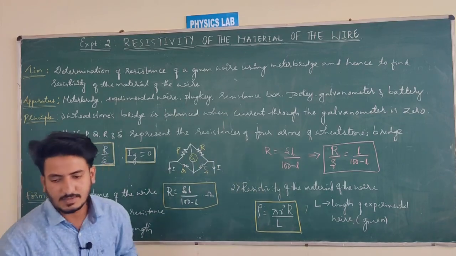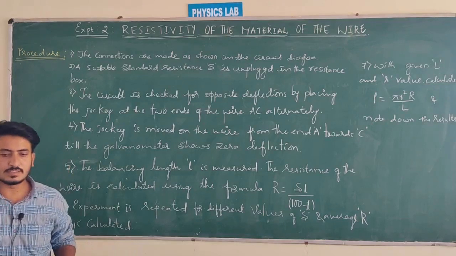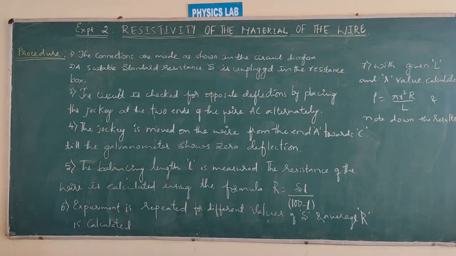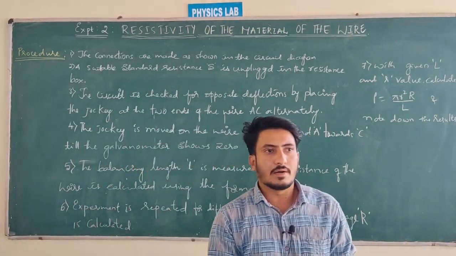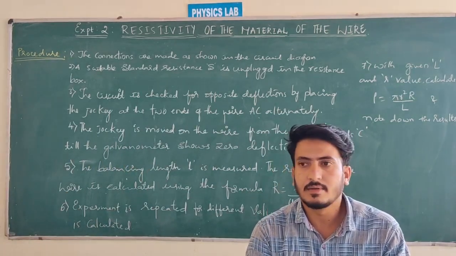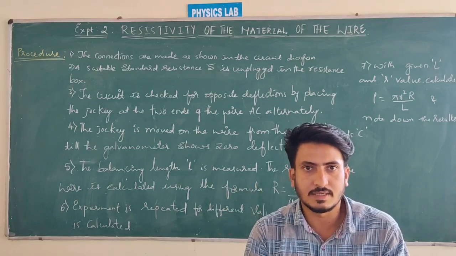Okay, students, see the procedure. The procedure is quite simple. Just note down what I have written here; I will explain what we have to do. Students, you will be provided with an unknown wire, meaning a wire with unknown resistance. I will show you the meter bridge setup.